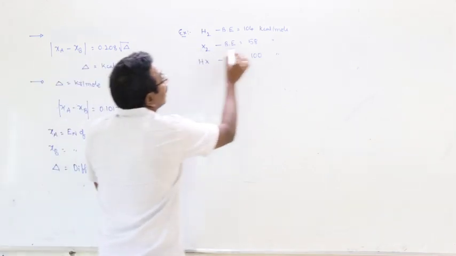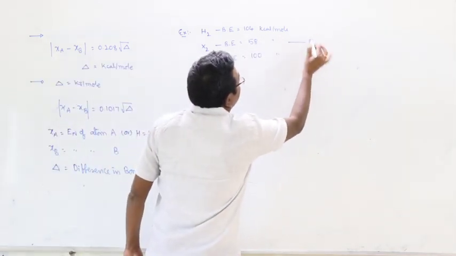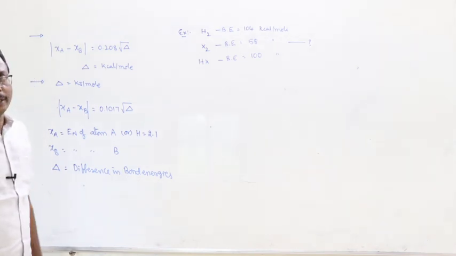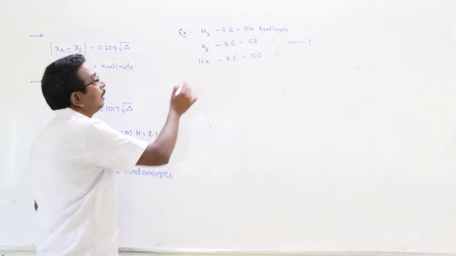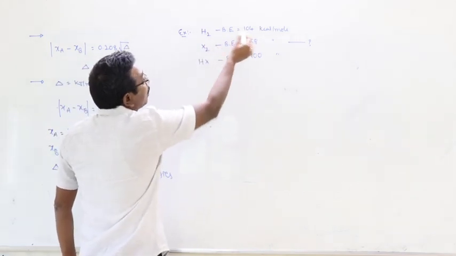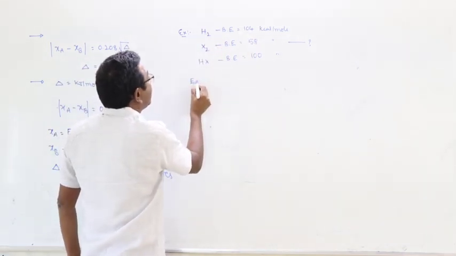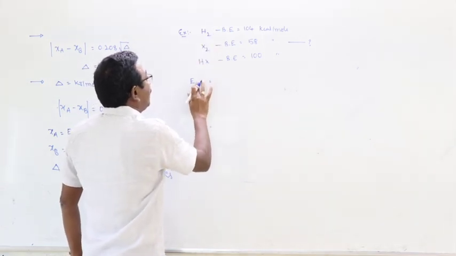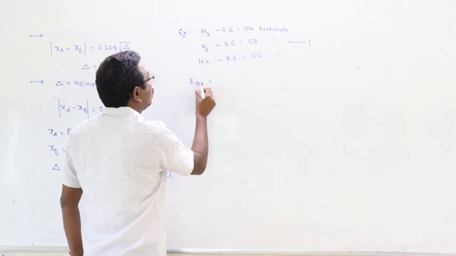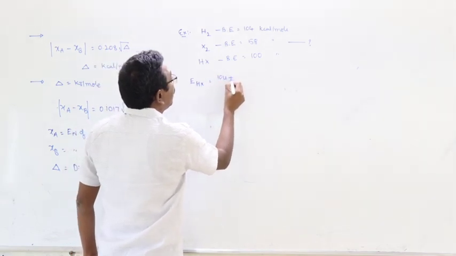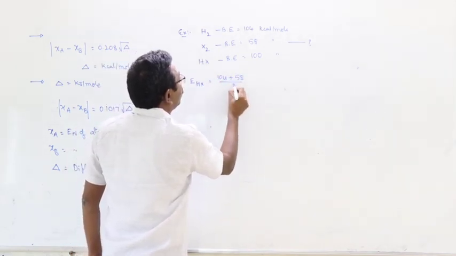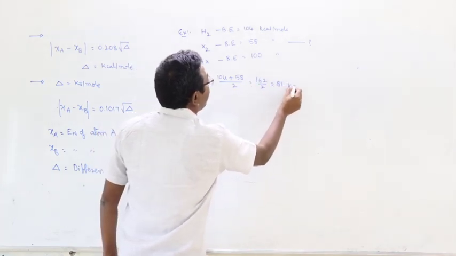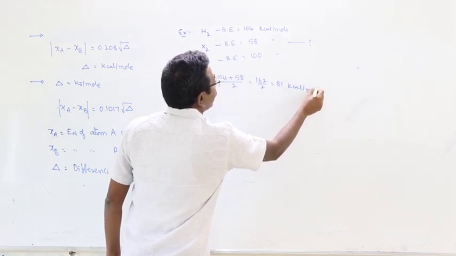What is the electronegativity of atom of an element X? How can you calculate? Here, first you have to calculate theoretical bond energy. EHX is equal to 104 plus 58 by 2, that is equal to 162 by 2 is equal to 81 kilocalories per mole.